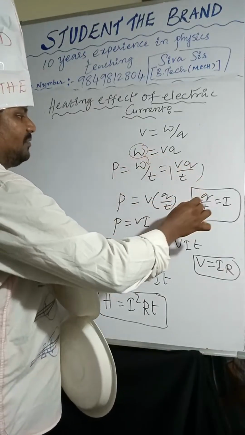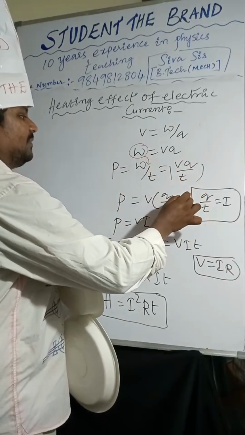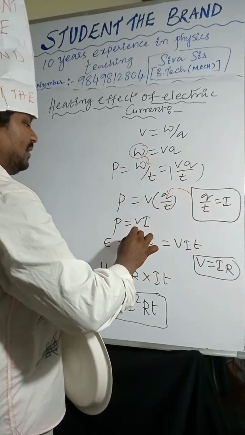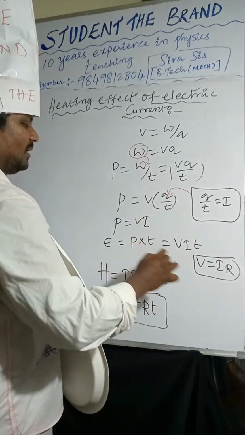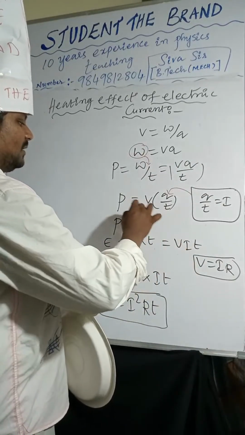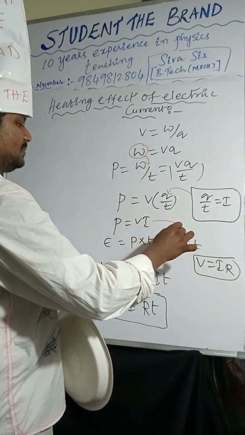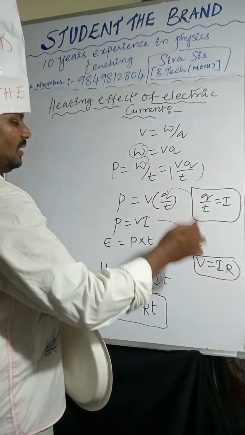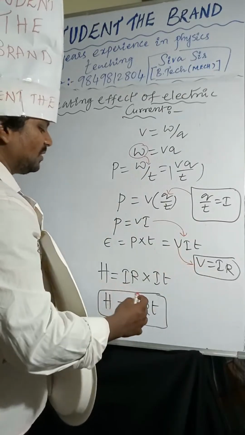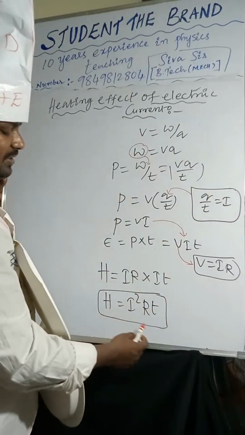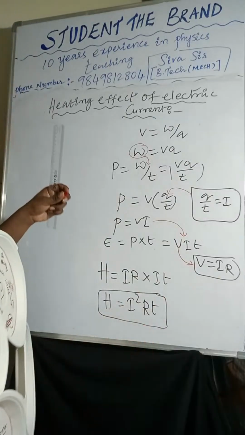In the place of Q by T, you can substitute I, and we'll get VI, so equal to P. In the place of P, we can substitute like this, and in the place of V, you can substitute IR. So H equal to IR into IT. So then we'll get H equal to I square RT.